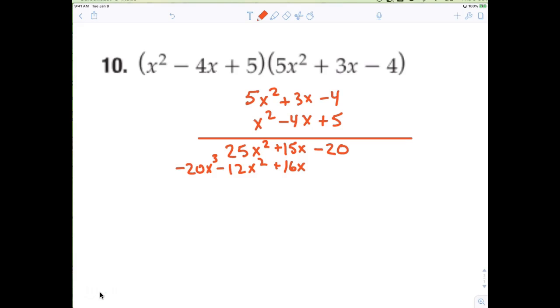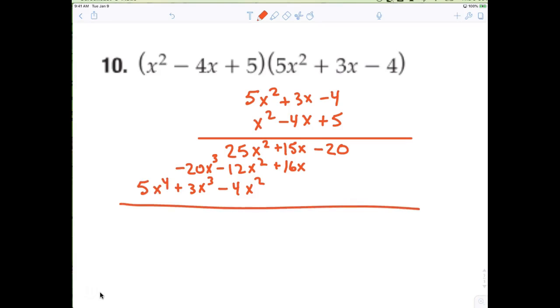And now multiplying by x squared. Now again, everything has to be lined up. So it becomes negative 4x squared, positive 3x cubed, and then 5x to the fourth. Draw your line underneath it. And once again, you can see how everything lines up nicely.